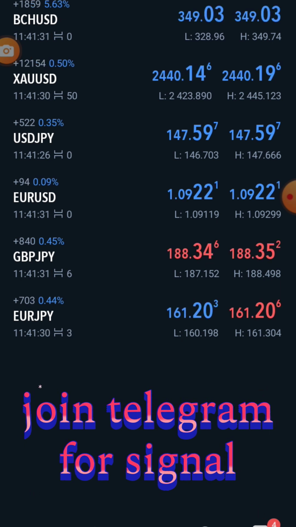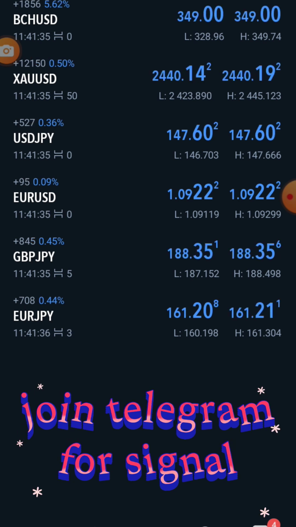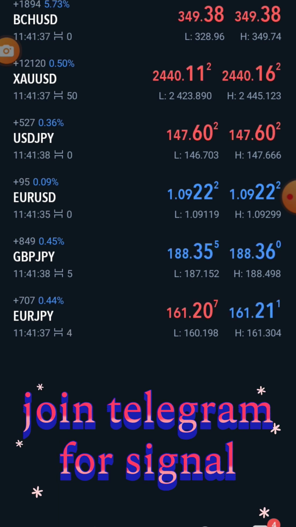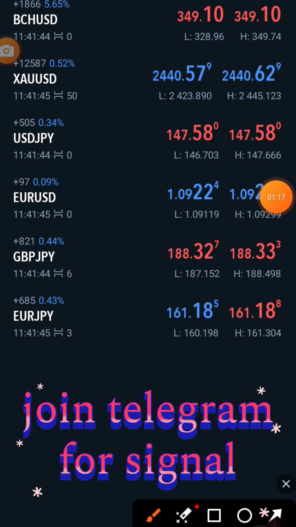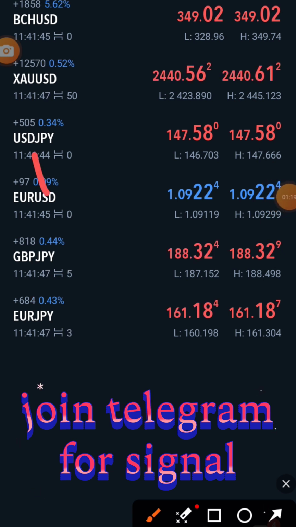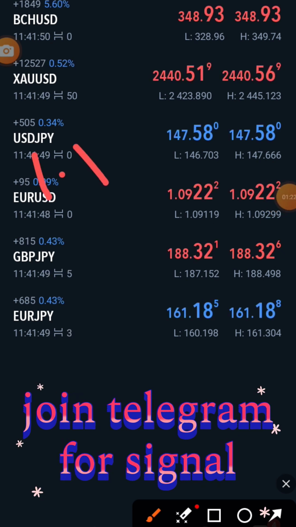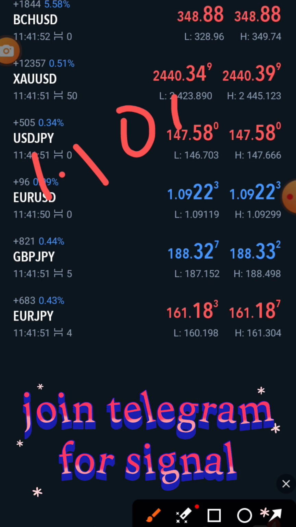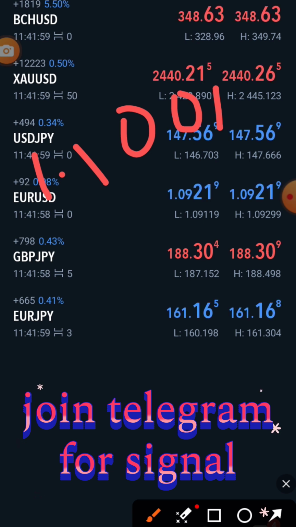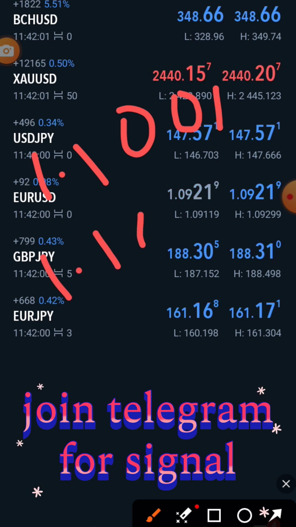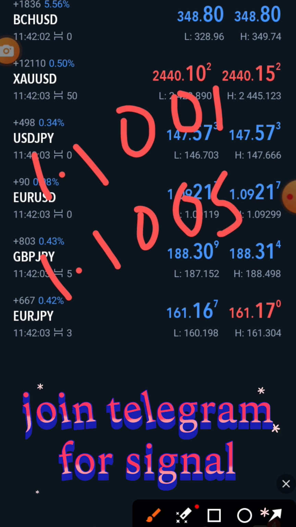In major currency pairs, pips are calculated up to 4 places. For example, if we say EUR/USD, the price of EUR/USD was 1.1001. After some time its price increases, for example to 1.1005.